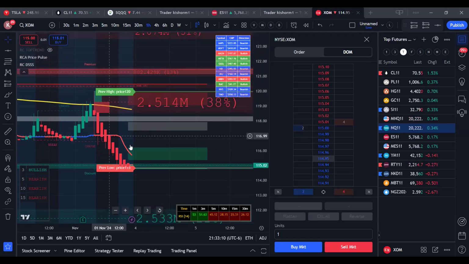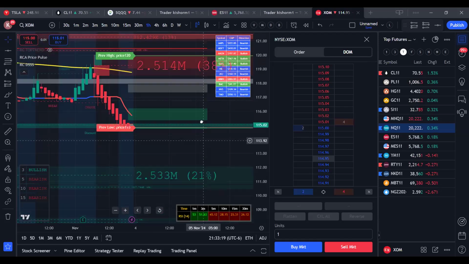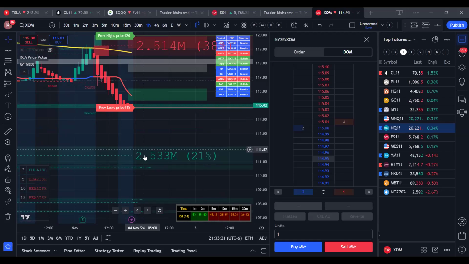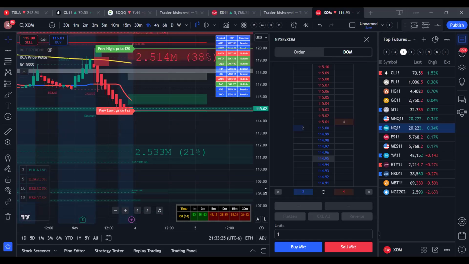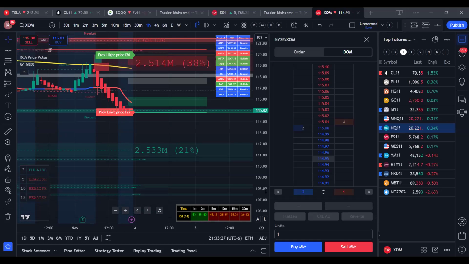If you wait for it to go somewhere here, you can buy puts. If it comes to this point, we can buy the calls. Yeah, that's the plan. So tomorrow we can make some nice profits.